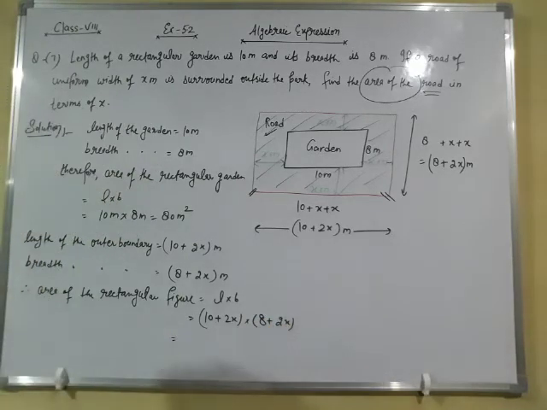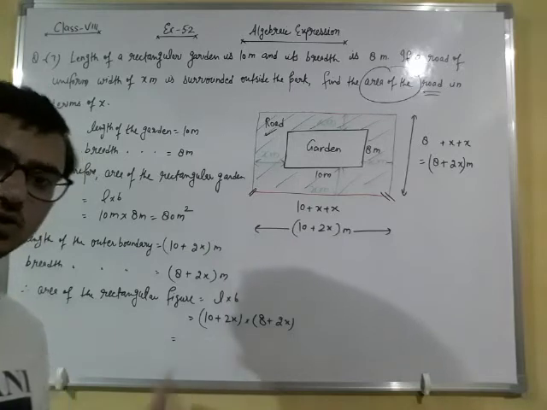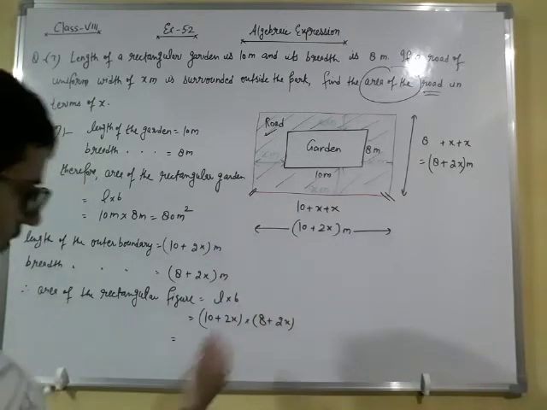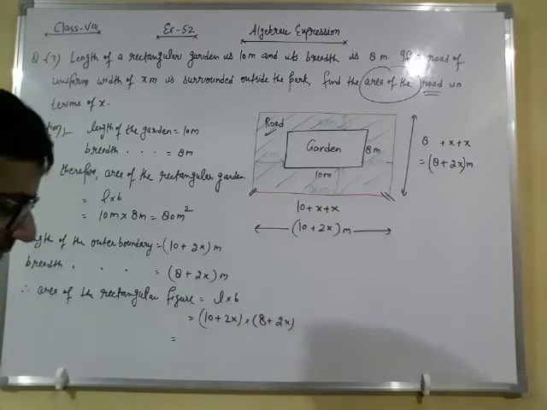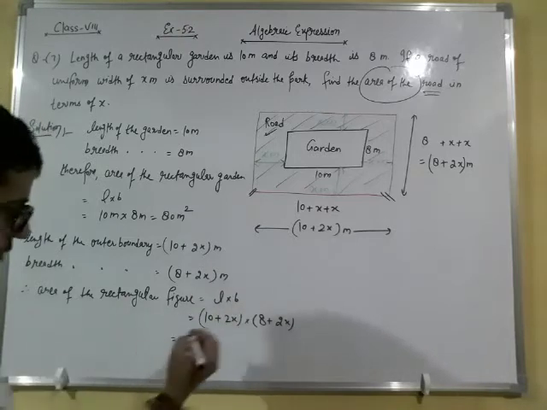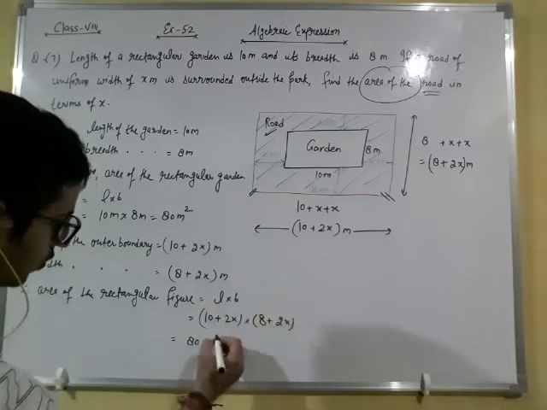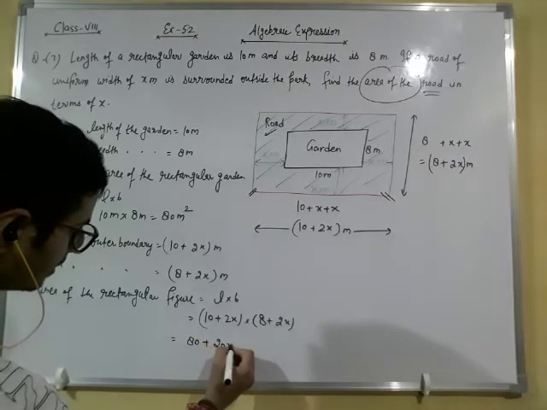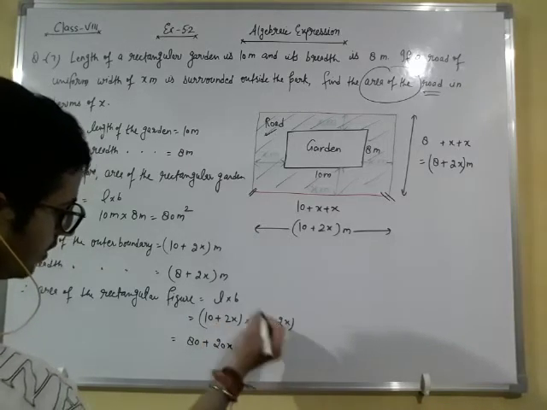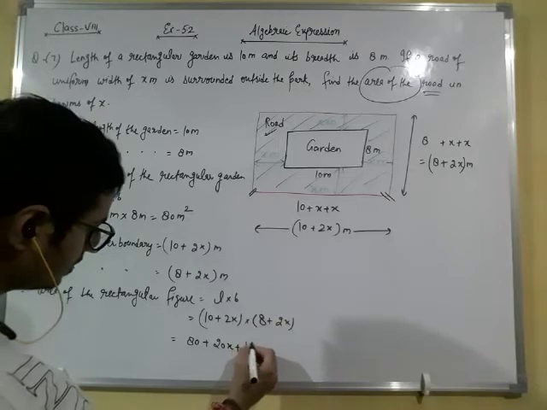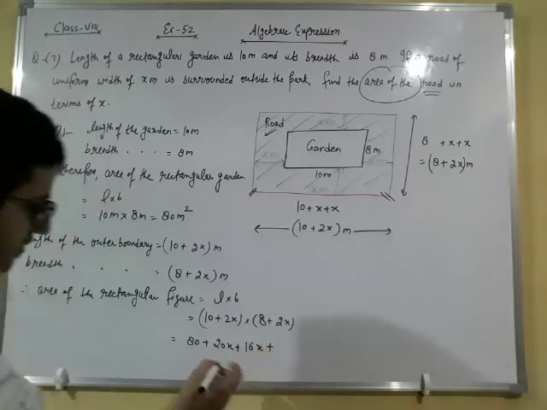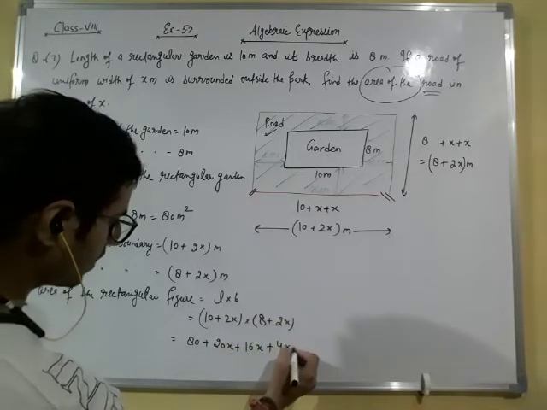Now we have to multiply two binomials. I am going to solve this multiplication in short. 10 into 8, 80, plus 10 into 2x, 20x, plus 2x into 8, 16x, plus 4x square.